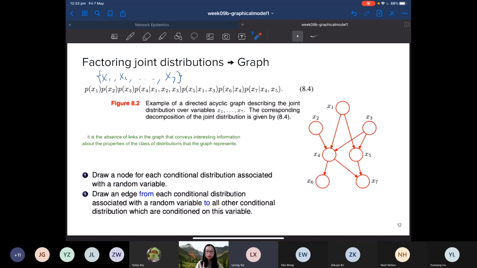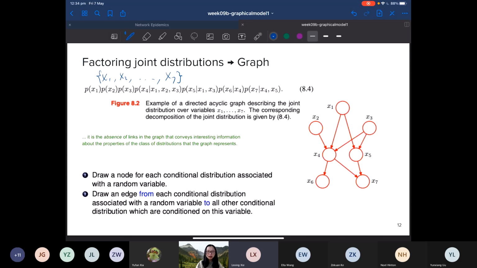So there are 7 nodes, we know. But in order to draw a graph, we need to place these nodes appropriately and draw edges on them, right? So the second part is the crucial part. We draw an edge from each conditional distribution associated with a random variable to all the other conditional distributions which are conditioned on this variable. So it's a mouthful.